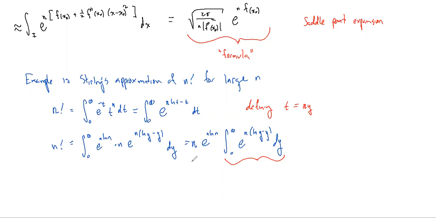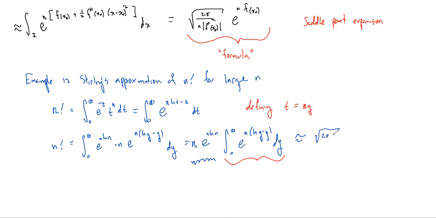So this is what you'll often see as Stirling's approximation. This will give you another term which is not of the same order as the leading term n ln n, but it exists.